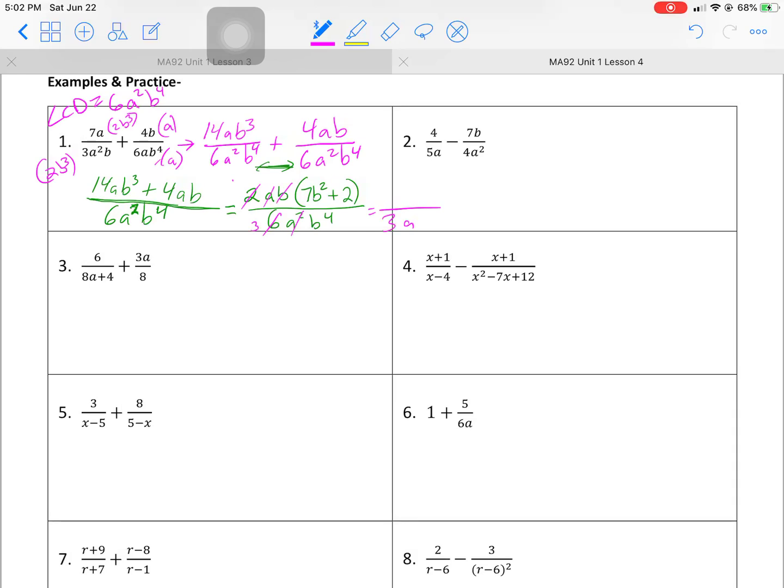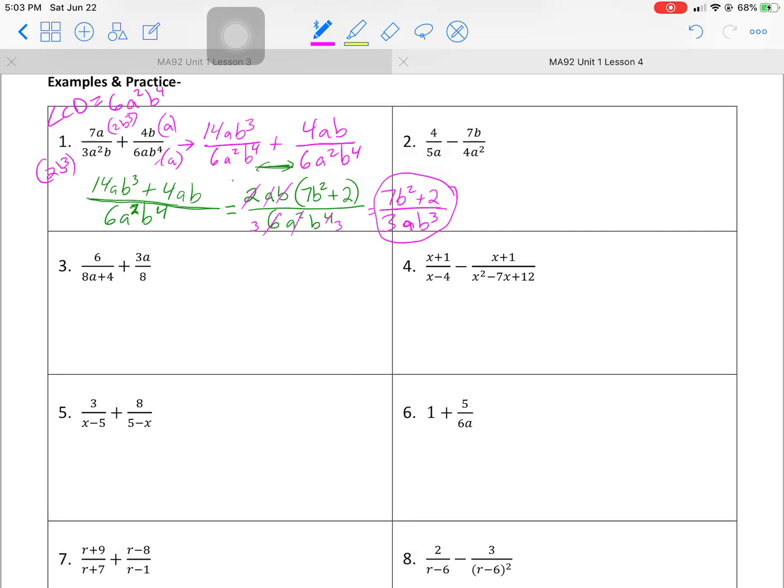And one B makes that a 3. So my final answer is 7B squared plus 2 over 3AB to the third. There's a lot of steps in that little tiny box. If you need bigger paper, please put it on a big notebook paper.